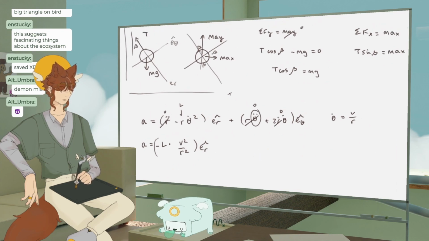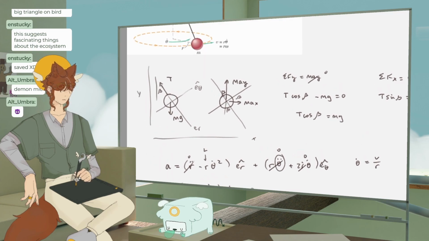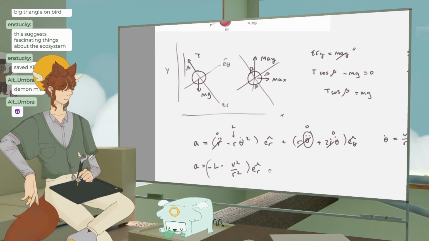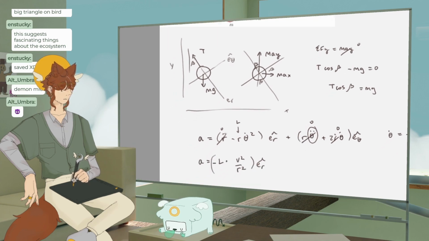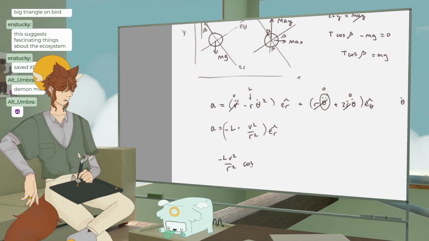This equals m a_x. Wait a second. Oh no, a_x equals negative L V squared over R squared, cosine, I made that up. Is it cosine?